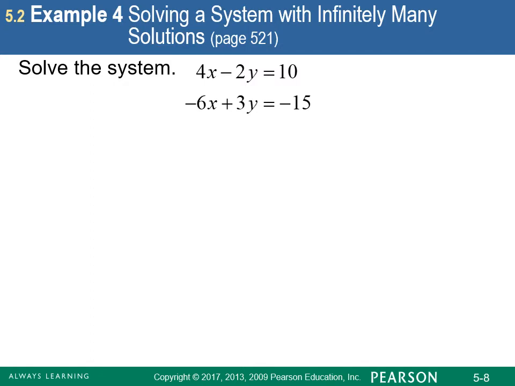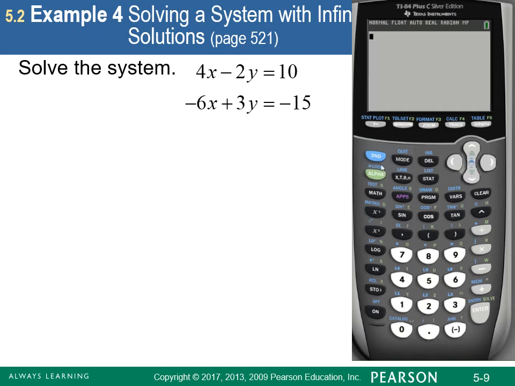So as usual, we will start with the augmented matrix. And then we'll use our calculator. Second matrix, edit. I continue to use the same matrix A. This again is 2 by 3.